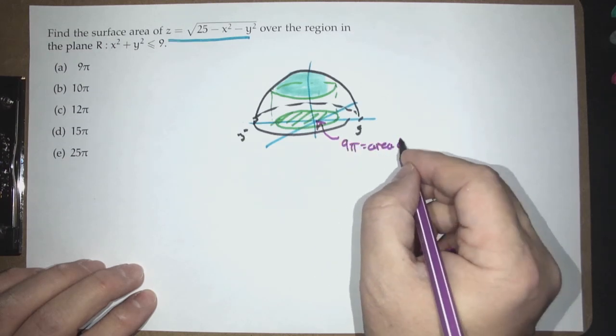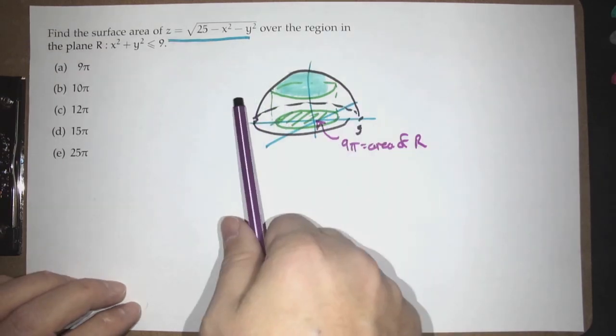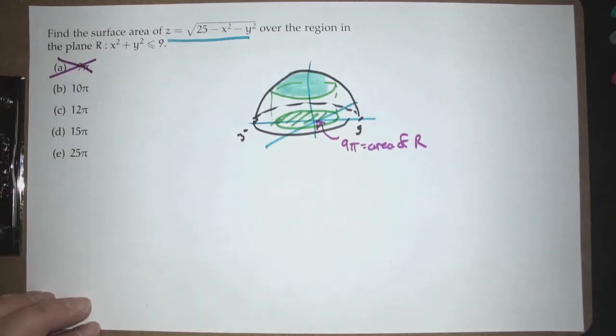That's the area of R. So if the area of the surface were 9 pi, what would have to be true about that surface? It'd have to be exactly flat, because if it's not flat, you're going to add area. So are we exactly flat? No. So we know it's not 9 pi.